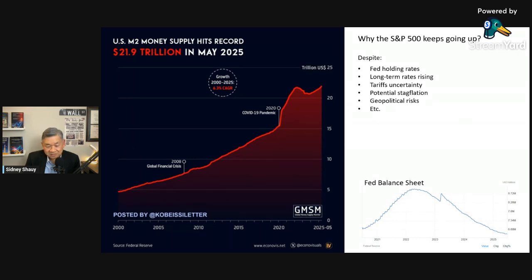We have the tariffs uncertainty, potential stagflation. There's a lot of talk about stagflation. If this is going to happen, I don't know, but the chance is not zero. There's geopolitical risks, etc. Many people question why the S&P 500 keeps going up.